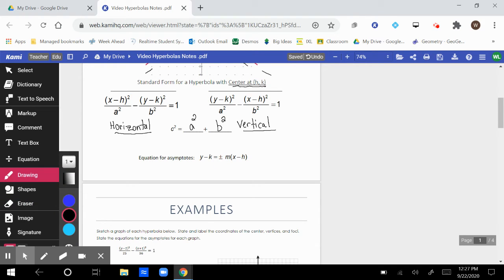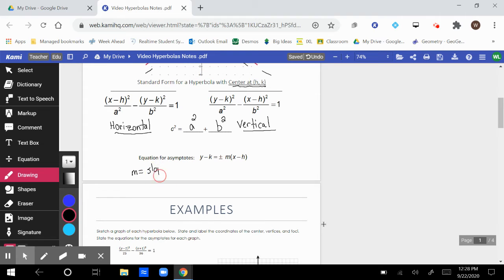Okay, and you might recognize this formula, y minus k equals m times (x minus h), except usually you see it as y minus y1 and x minus x1, and that's called point slope form. You learned that in Algebra 1, point slope form of a line, y minus y1, where y1 is some point on the line, x minus x1, and then m, you should all know m is your slope.